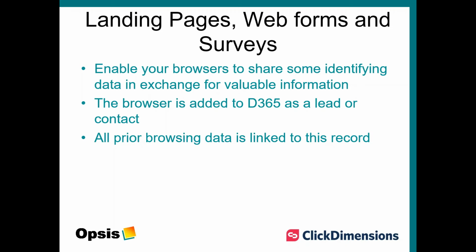Once we have got to that level, all of the information that we know about that person, including the website pages that they viewed before they shared the information, is linked back to this record. So the browser is created as a lead or a contact. It's your choice, and you can make the choice separately depending on what is appropriate based on the resource that you're providing at that point. But all of the prior history does get linked back.